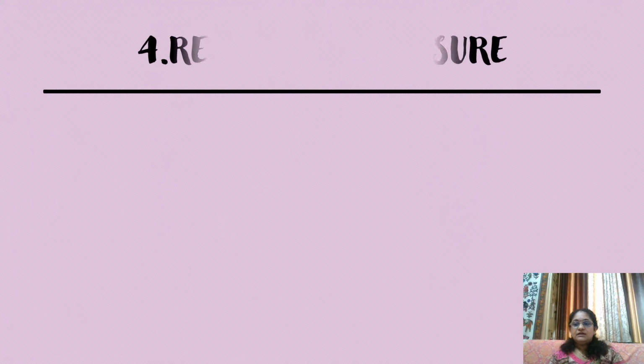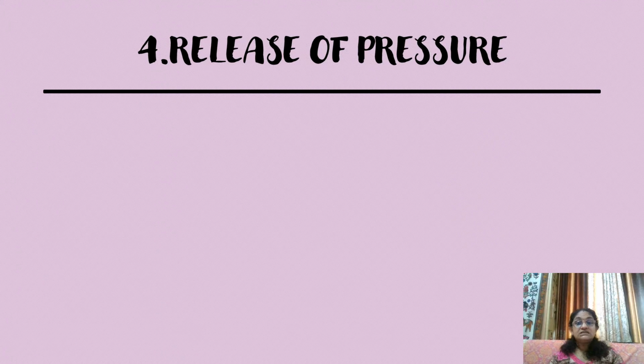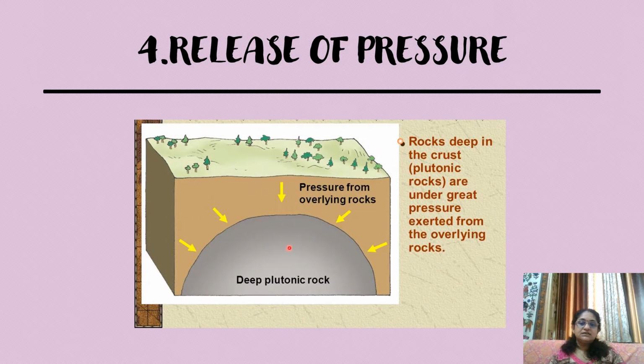Okay, the next one is release of pressure. How, because of release of pressure, the rocks break. Now you can see what happens is that the outer layer of the rocks exerts a certain pressure on the inner layers. Sometimes this pressure is not there at all.